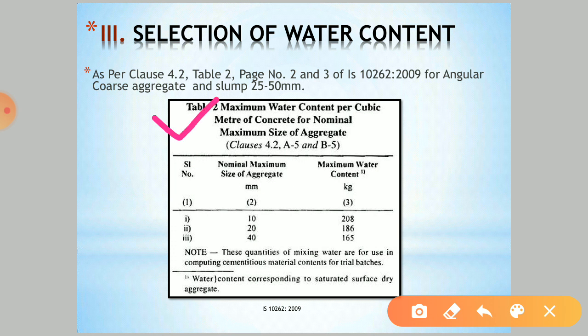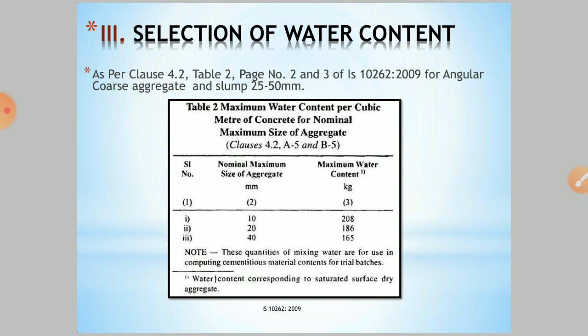How to use? Suppose maximum size of aggregate is 10 mm, then maximum water content we can take is 208. Suppose maximum size is 20 mm, then maximum water content is 186 kg. Likewise, we can use this table, but for angular coarse aggregate and for slump value between 25 to 50 mm.